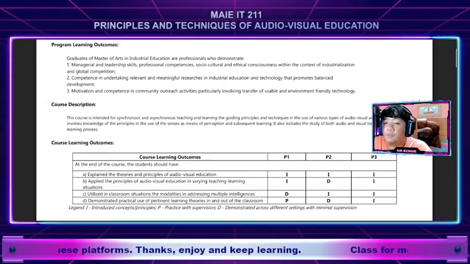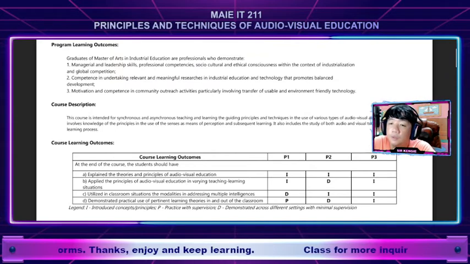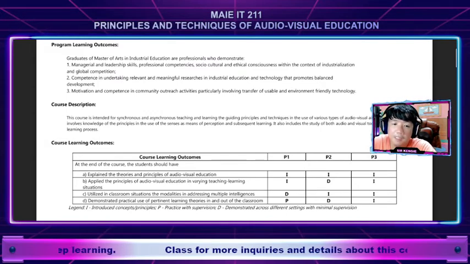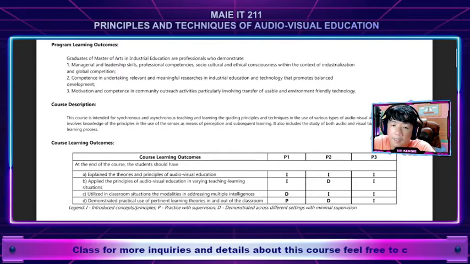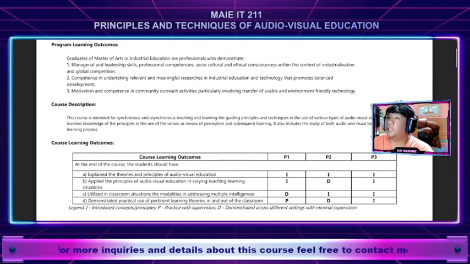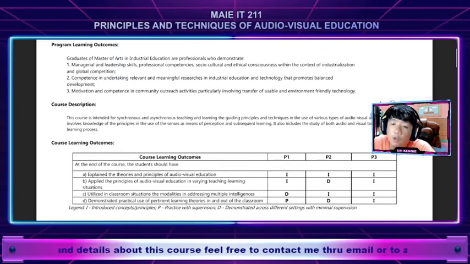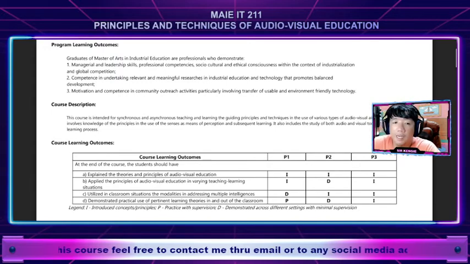MBE class stands for Multimedia-Based Education. It also involves knowledge of the principles in the use of the senses as means of perception and subsequent learning. When we say audiovisual, it's a combination of two senses, hearing and sight, or what we call audio and visual tools in the teaching learning process.